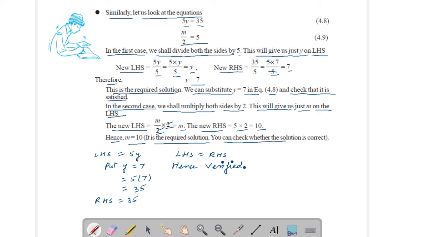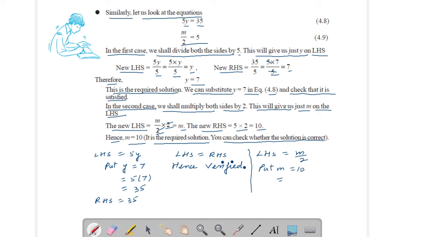You can check whether the solution is correct. Here you can check what is the left hand side of equation 4.9. Left hand side, it is m upon 2. Here put m equal to 10.